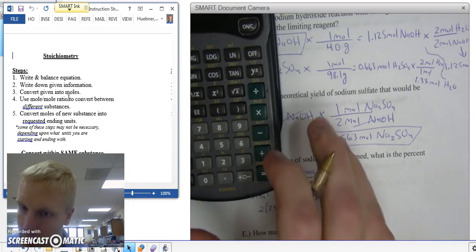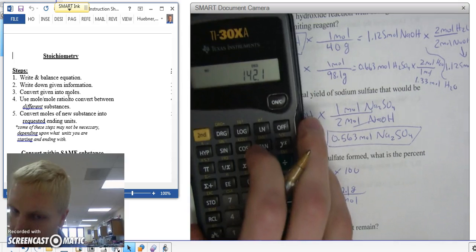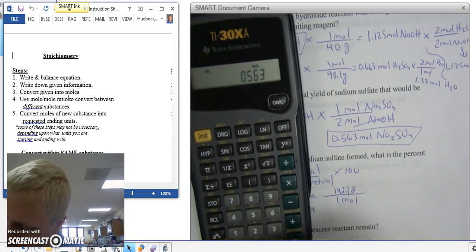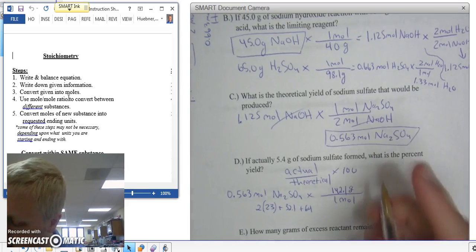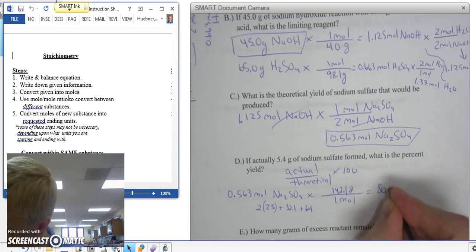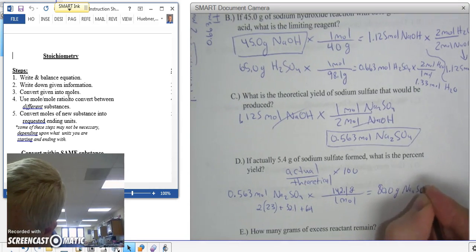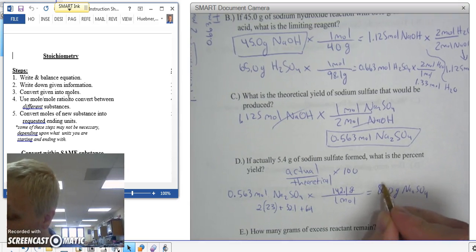Times it by 0.563 gives me 80.0 grams of Na2SO4 is my theoretical.